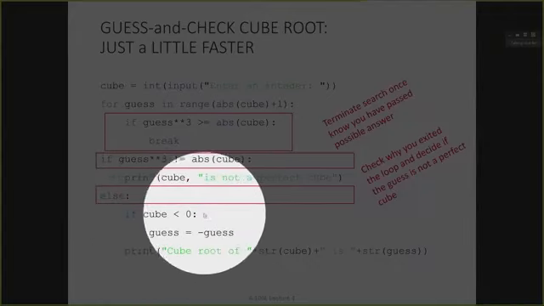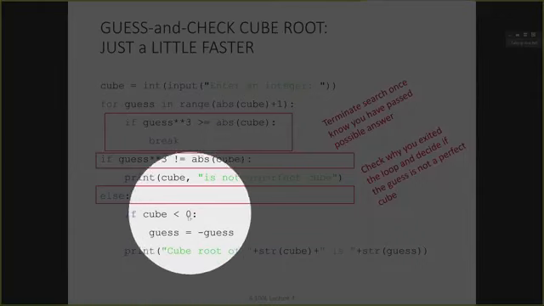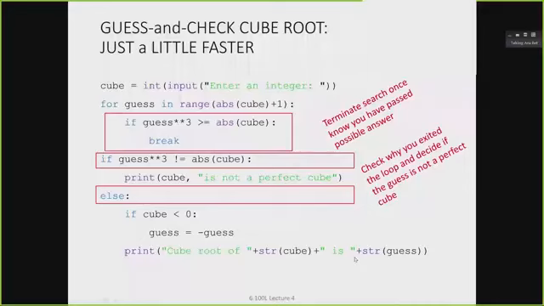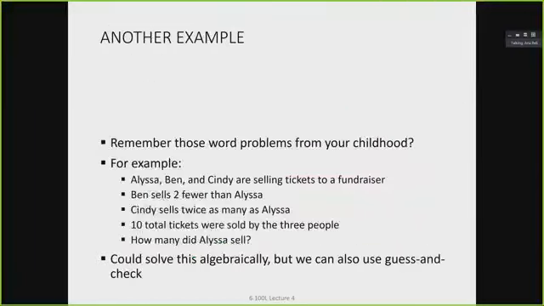Check whether the user gave us a positive or negative value, put the negative sign in front of our guess, and then print the perfect cube root. Okay. So all variations of the same sort of starter code, we're just adding little bits of functionality and making the code slightly more efficient here and there.